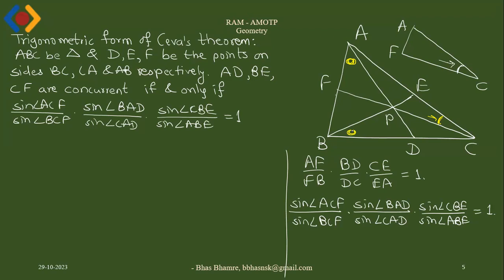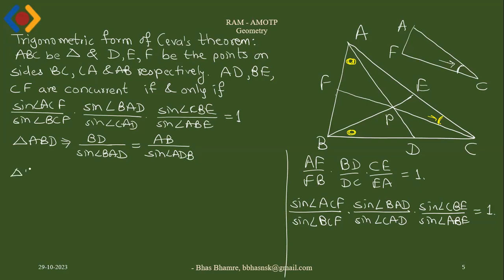So suppose in triangle ABD, by the sine rule, we have BD over sine of angle BAD is equal to AB over sine of angle ADB.